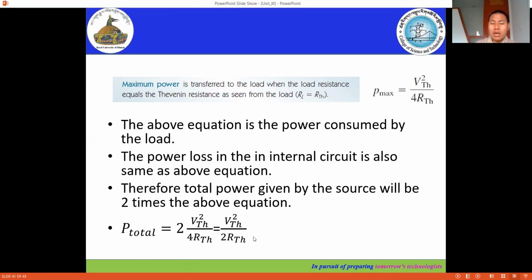The other half is consumed by the internal resistance of that network. The reason we consider two is that maximum power transfer happens only when RTH is equal to RL. So that's it about the maximum power transfer theorem.